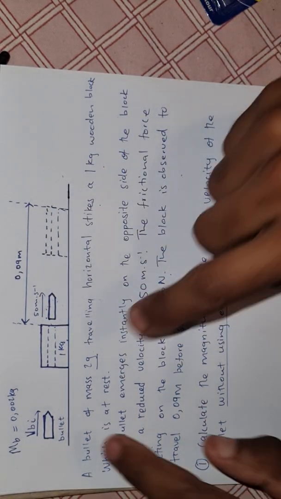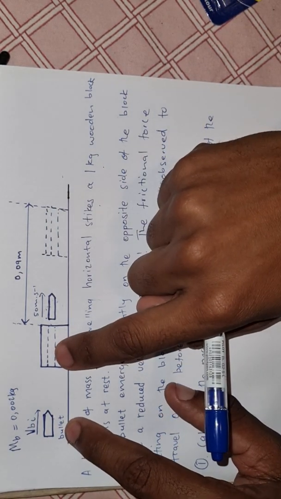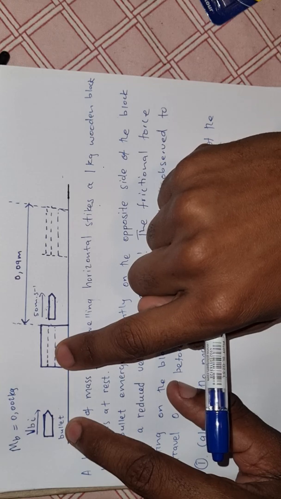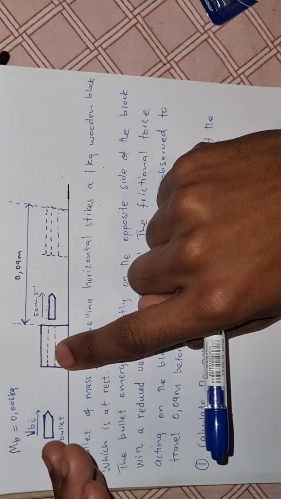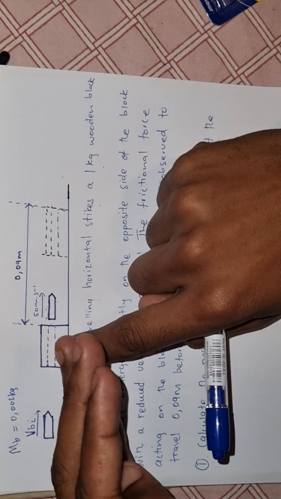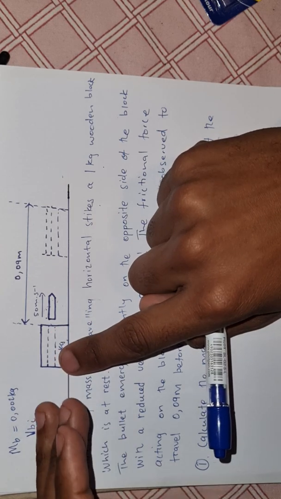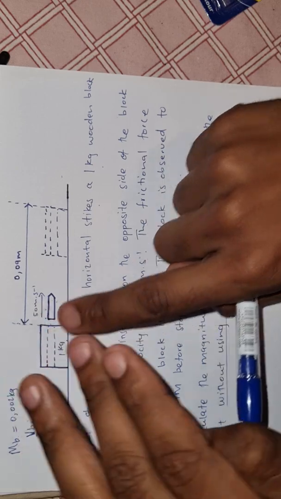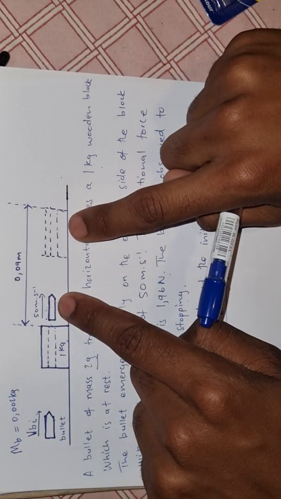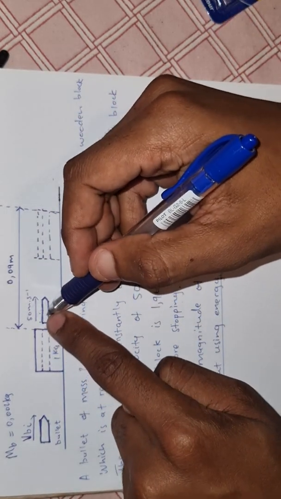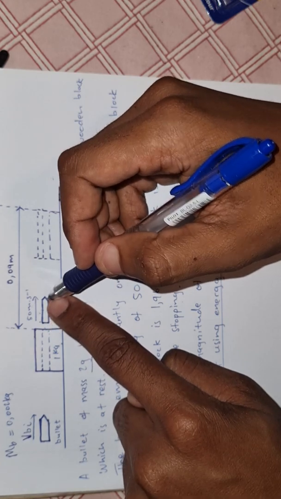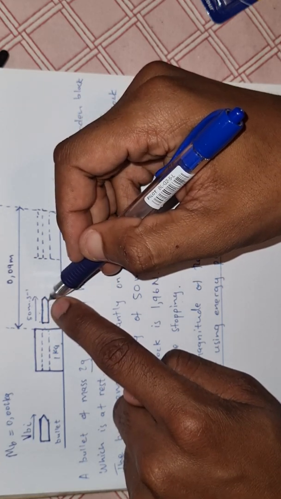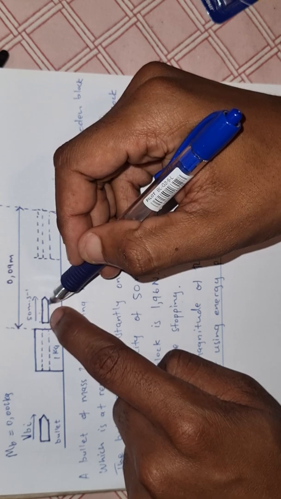Now initially these two objects are placed far apart from one another, whereby the bullet is traveling to strike the block. As the bullet travels to strike the block, after collision, what is basically happening? The bullet will emerge on the opposite side of the block, and the bullet will have a reduced velocity.